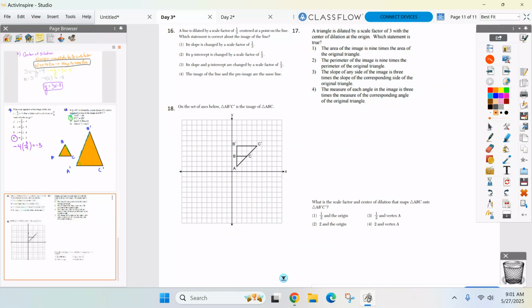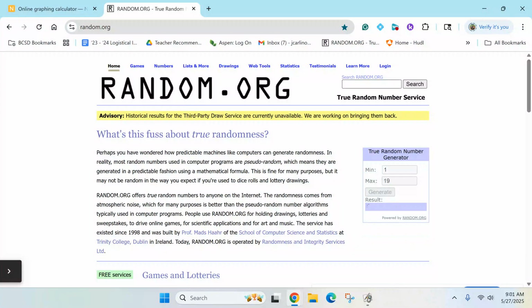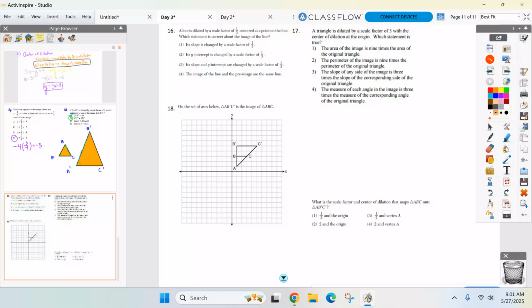So as you look through those 4 choices, which one tells me nothing happens, even though it doesn't say nothing happens? Which one are we looking at for this one? Rayhan? For number 16? Which one is telling me that nothing changes on the line because the point's already there?